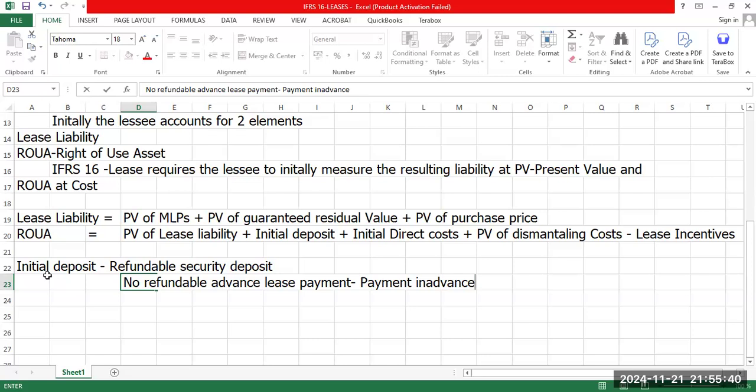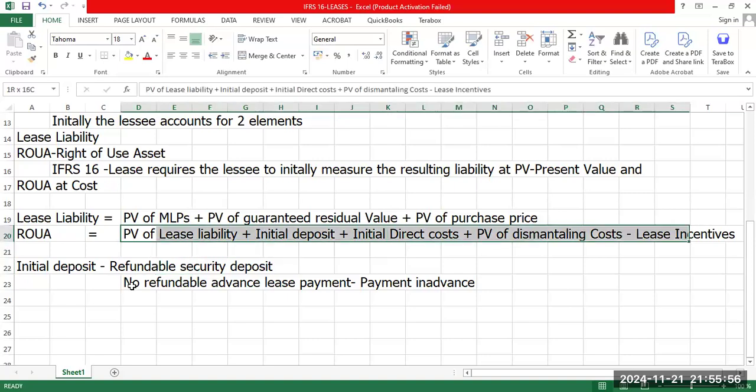But if you read the question, colleagues, and you find that the initial deposit is refundable, you don't add it here.